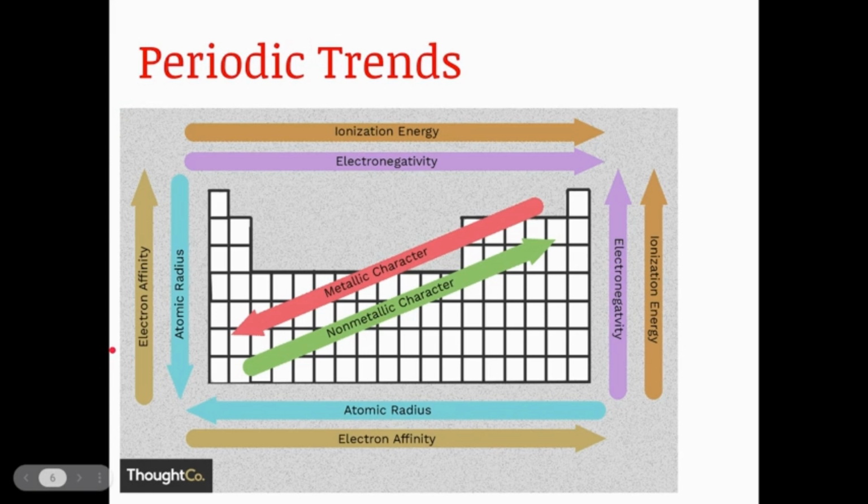Periodic trends is another important thing in this chapter. Just keep in mind, other than atomic radius, which increases going top to down and right to left, everything else, ionization energy, electronegativity, and electron affinity, those three all increase going left to right and bottom to top.